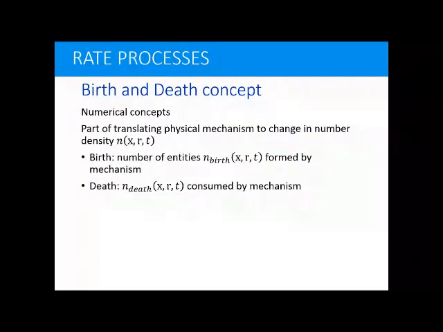We will illustrate this with a few of the most common mechanisms that are implemented in these PBMs in the next slides, so don't worry if it's not very clear yet. And it must be noted that for every mechanism, this birth and death concept takes on a different form. For every mechanism, you need to look at how it is translated into the appearance and disappearance of entities.